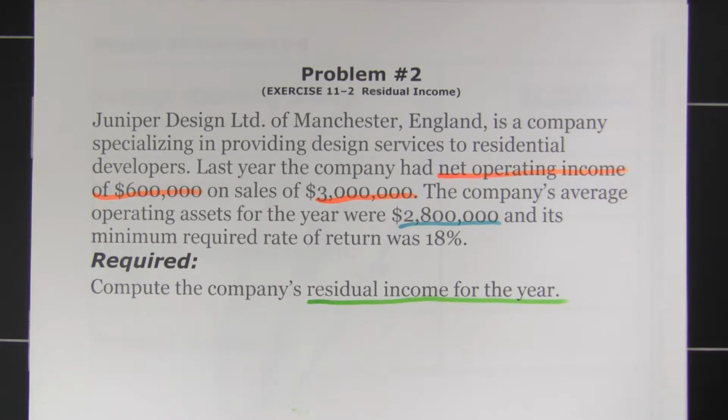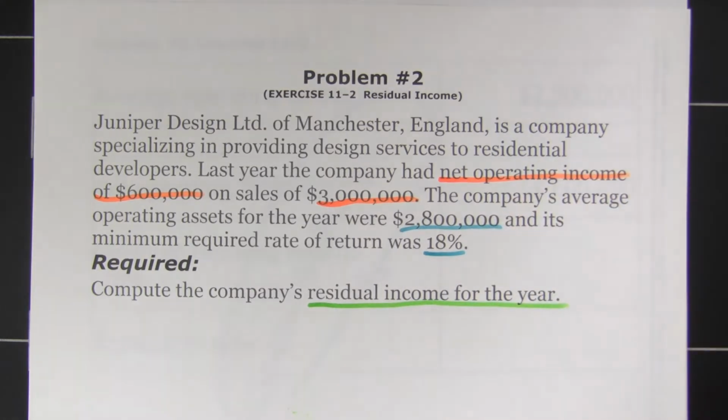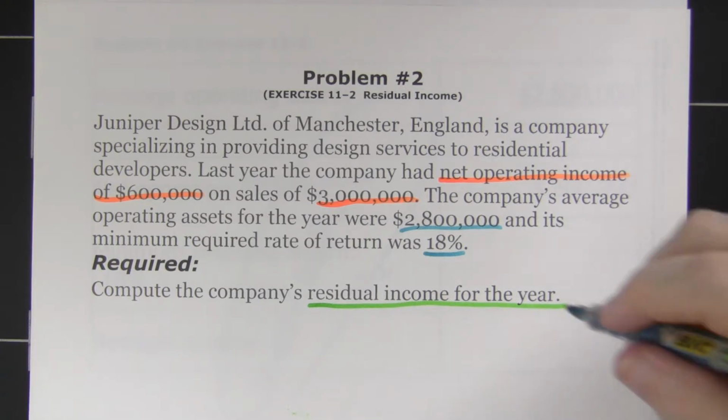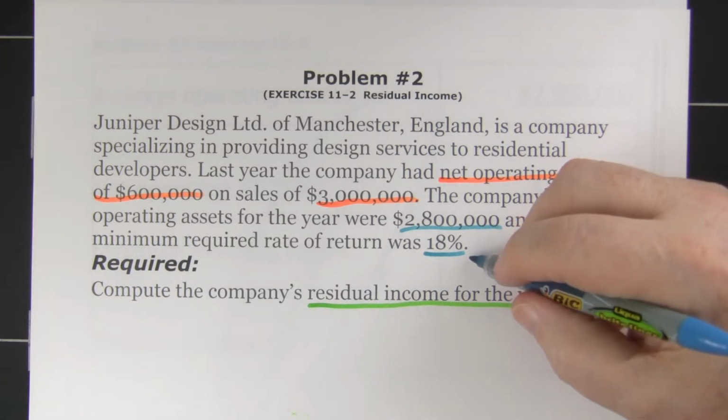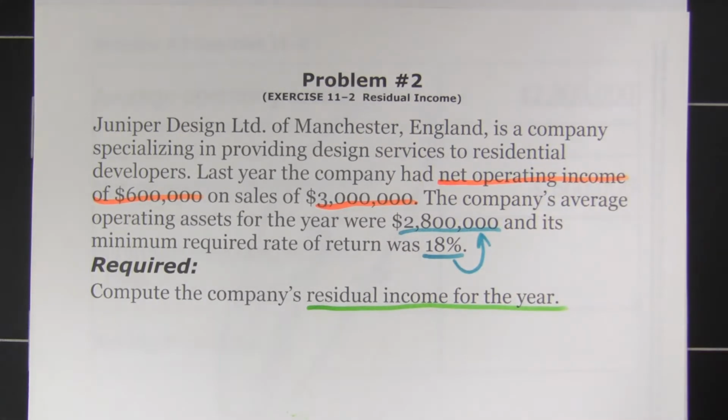So, we're told that the required rate of return is 18%. So, it's 18% of the average operating assets. So this company requires an 18% return on their operating assets. So we can do that.